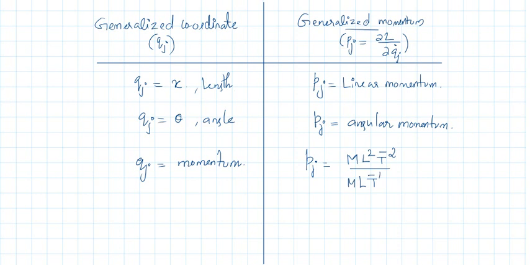But this is Q_j dot, so there will be a division by time also. This will have the dimension of length; all others will cancel. So if the coordinate has the dimension of momentum, its generalized momentum will have the dimension of length. Depending on the dimension of the generalized coordinate, we can have different dimensions for generalized momentum. I think it is clear.